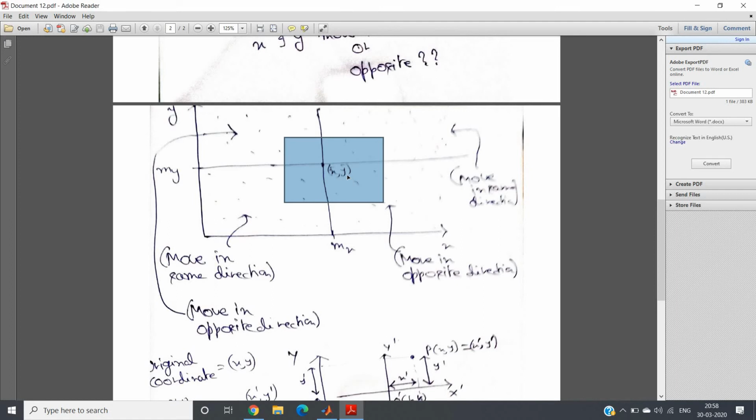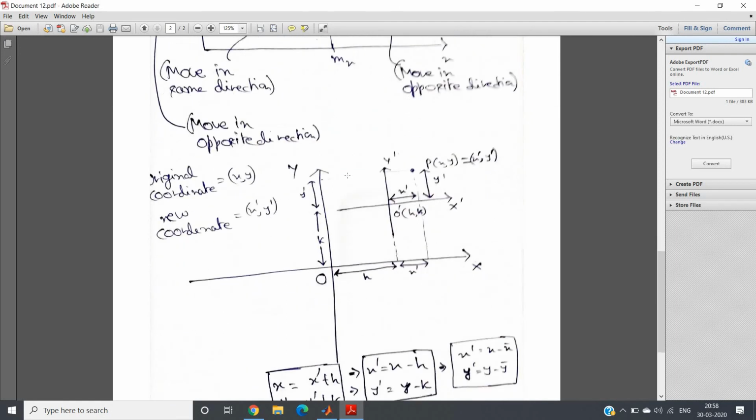And here the mathematics concept we studied in class 11, shifting of origin, will help us. See, very simple, recall the concept. Suppose I have our original coordinate system xy where the origin is placed at 0 0. I am shifting my coordinate system, without rotating it, to some point having the origin at h comma k, and I have a point P having the coordinates xy with respect to the original coordinate system.